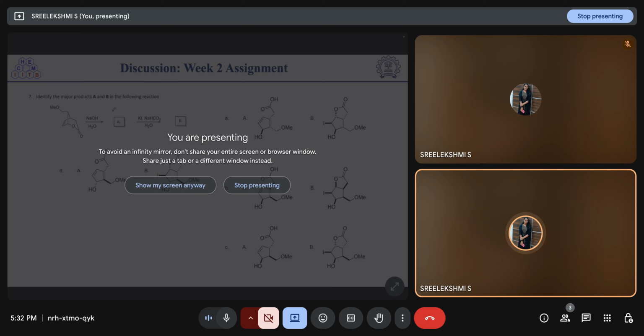So here what is happening is that in the first NaOH, H2O hydrolysis condition, this lactone hydrolysis will happen and the ring will open to get this compound, that is this open compound. Then in the presence of KI and sodium bicarbonate, this iodonium ion will form and it will open up to form this iodide compound.